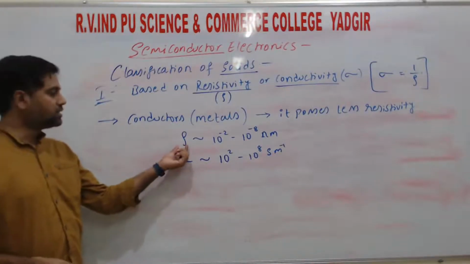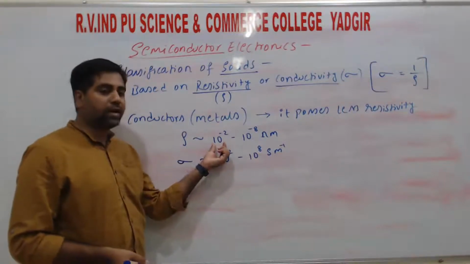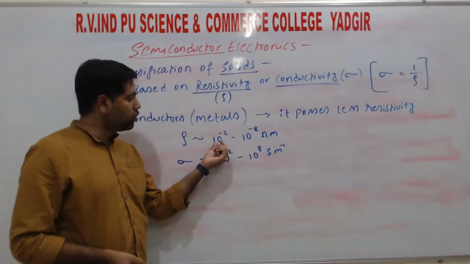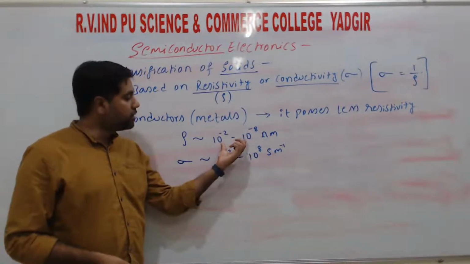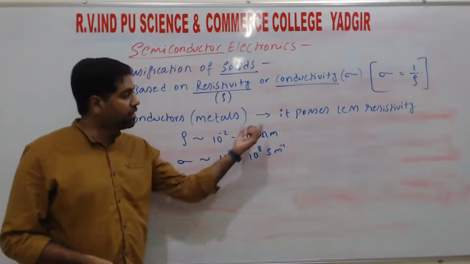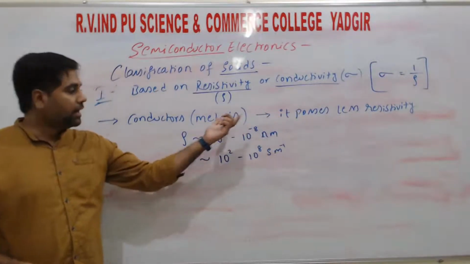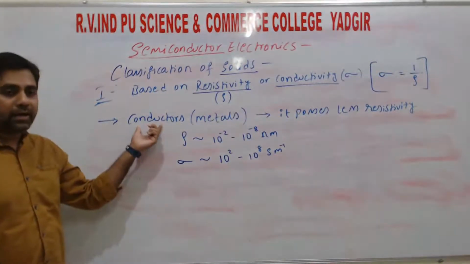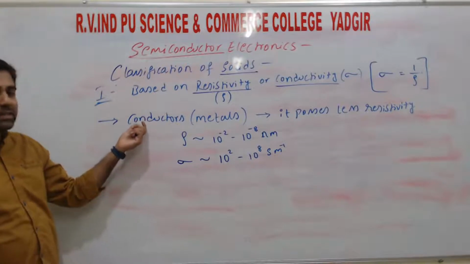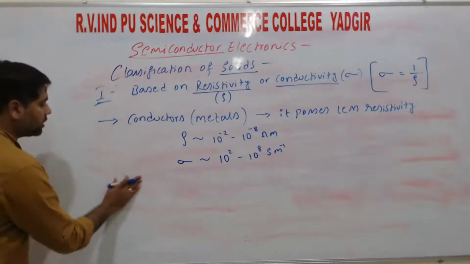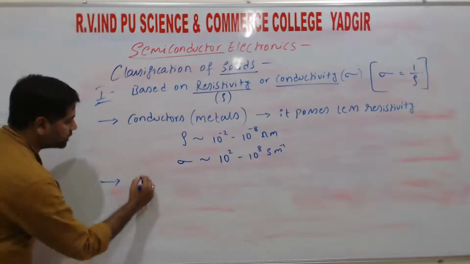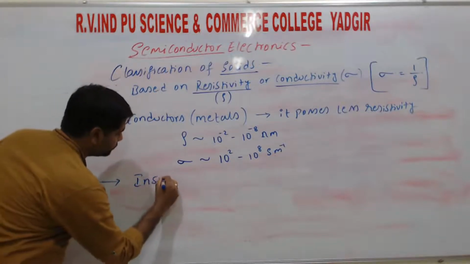If you observe this resistivity value, 1 divided by 100 is 0.01, so this value is very less. That means the resistivity value is very less, then it becomes a conductor. That means its conducting capacity is more. The second classification is insulator.